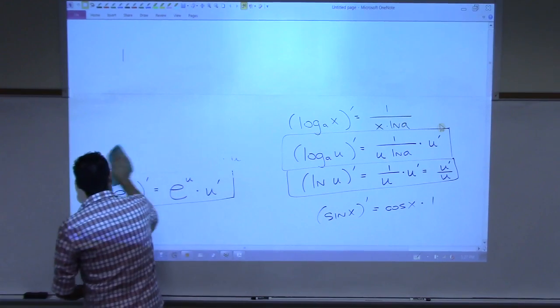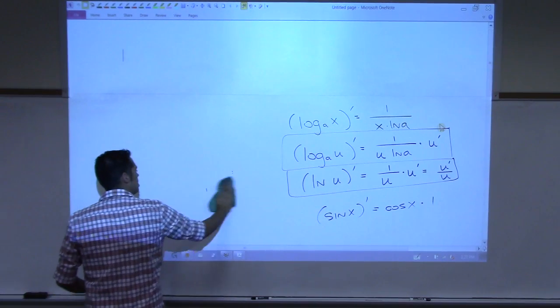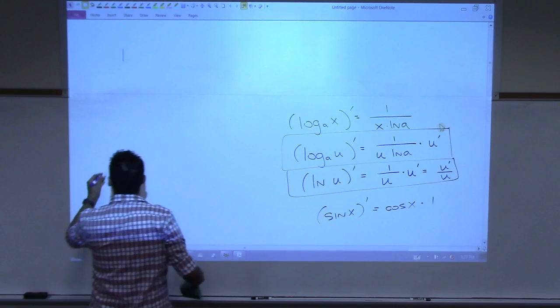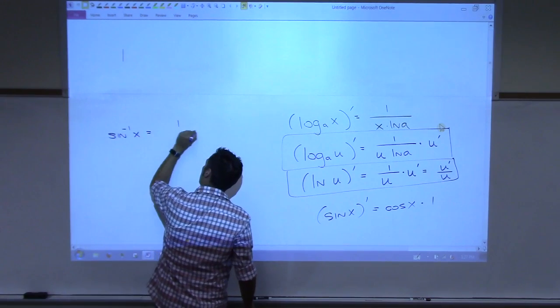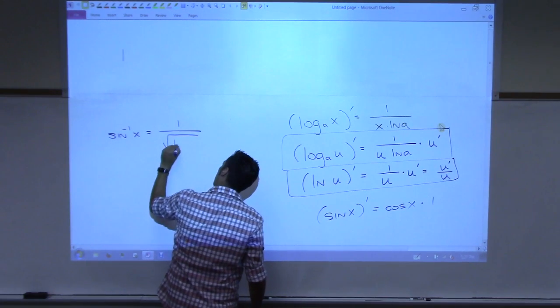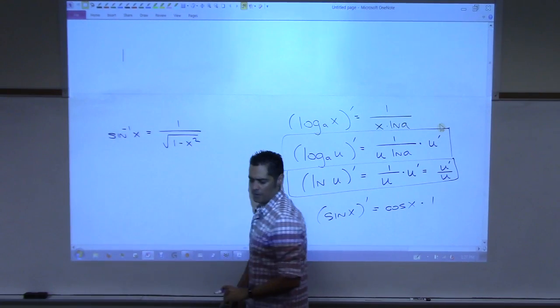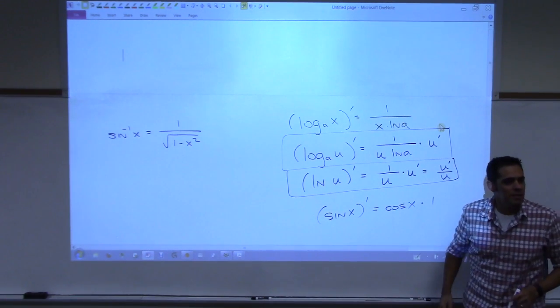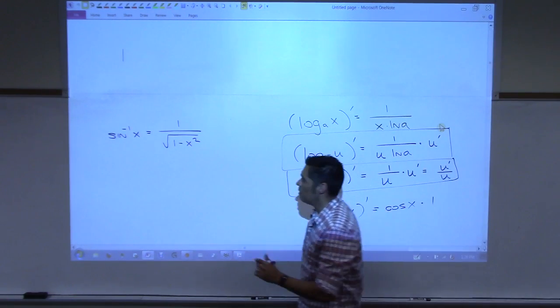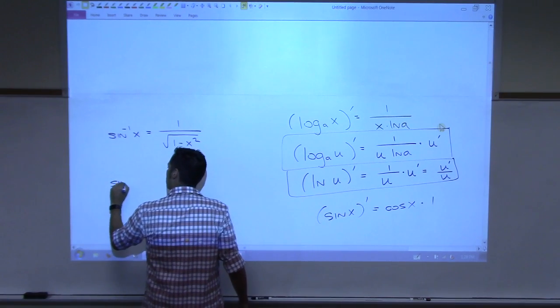So let's look at the formula for arc sine the way it's written. The derivative of arc sine of x is 1 over the square root of 1 minus x squared, right? That's the derivative of the arc sine of x. If we were to generalize that, and instead of using x, use u, it would look like this.